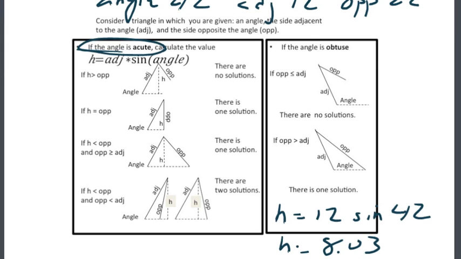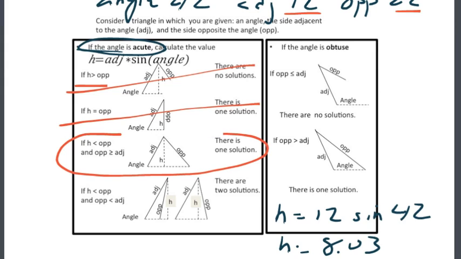Now we can make some decisions. Is H greater than opposite? Well, 8 is not bigger than 22, so this isn't what we're looking for. Is h equal to opposite? No. If h is less than opposite, which it is, and opposite is greater than adjacent, so 22 is bigger than 12, that says we are looking for exactly one solution.